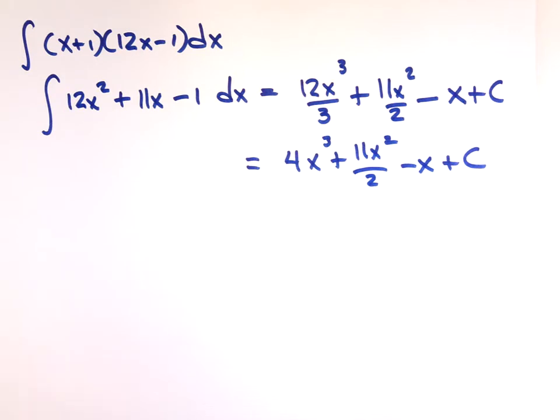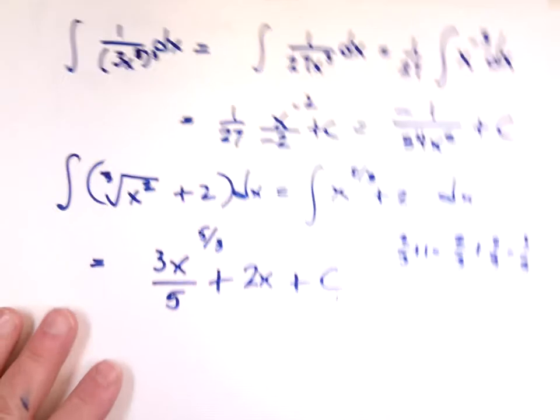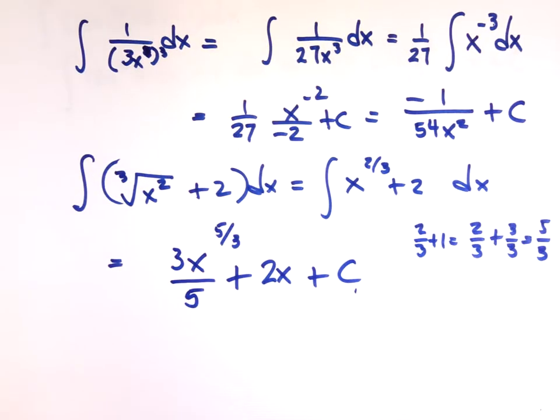You did that cubed root problem, or the fourth root. The 2/3 kind of thing? Yeah, when you had 5/3. I had a problem similar to that, but I didn't split the fraction when you brought the 5/3 down.